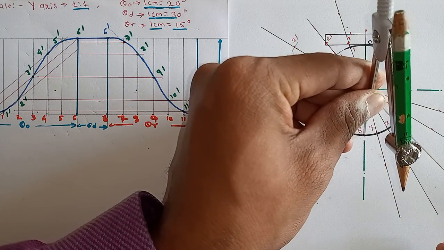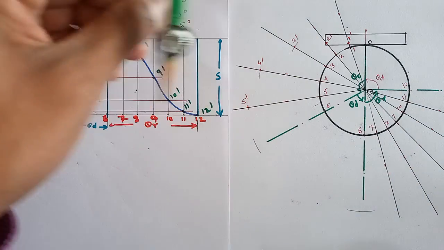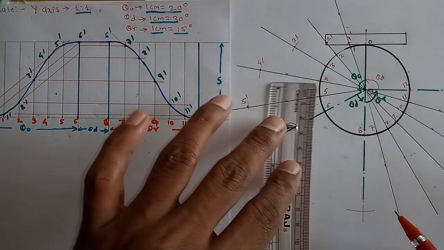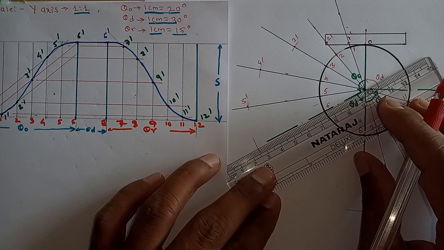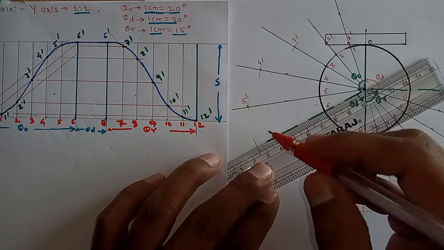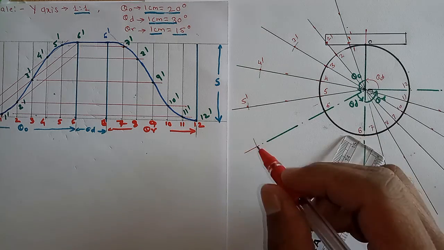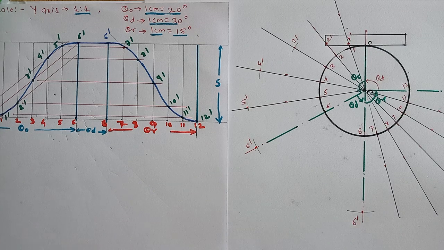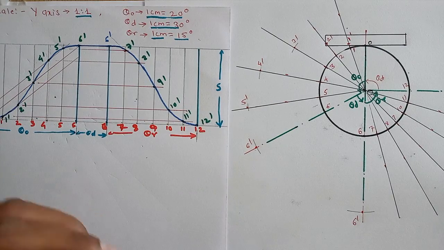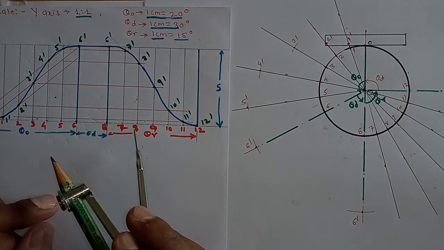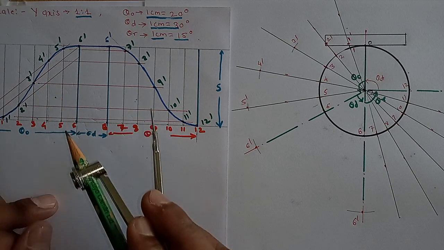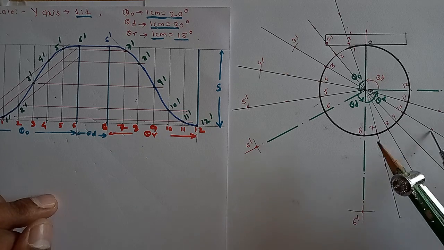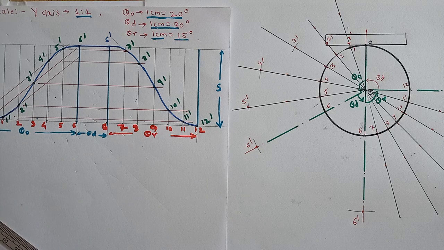And at this instance also it will be 50 millimeters, because there is zero displacement during the dwell period at the topmost position. So the displacement at the start and at the end of the dwell will be the same. Similarly, we plot the displacements at all the instances from 6 to 6 dash, 7 to 7 dash, 8 to 8 dash, 9 to 9 dash, 10 to 10 dash, 11 to 11 dash, and 12 to 12 dash, and all these on the corresponding line of action of the follower.